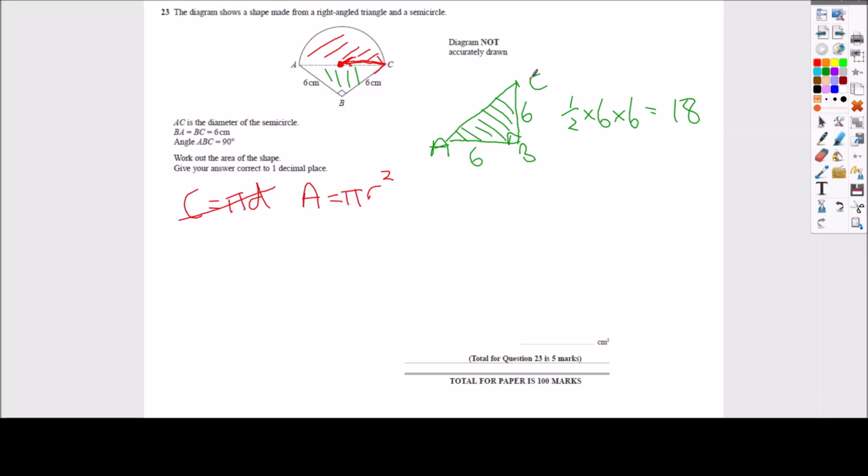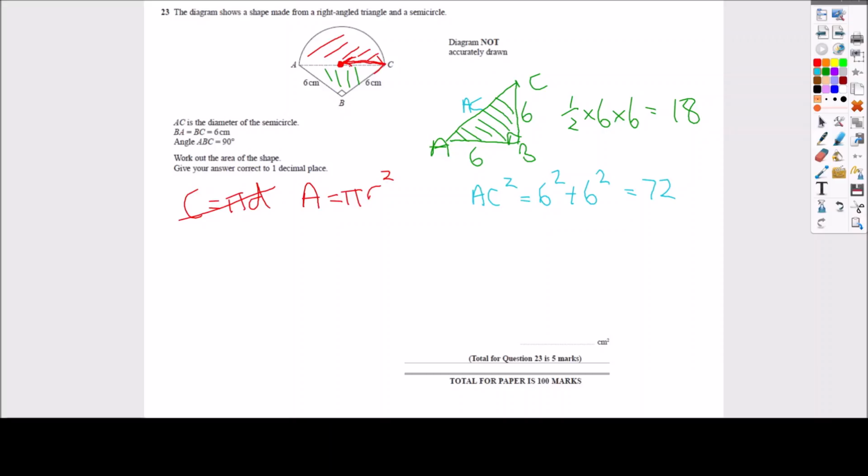Now let's go and call that length from A to C, AC. Now how can we work that out? Now with the right angle triangle, you can use Pythagoras, where the square of the two shorter lengths equals the square of the hypotenuse. So we know that AC squared equals 6 squared plus 6 squared. 36 plus 36 is 72.